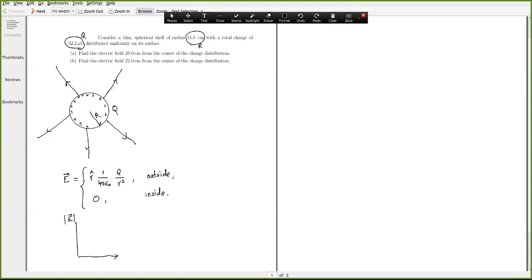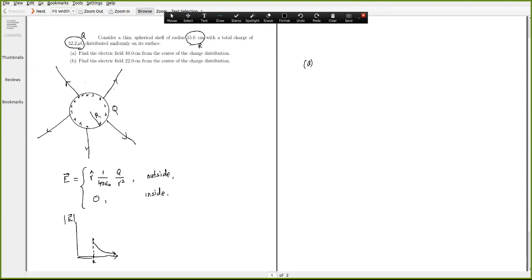It is 0 everywhere inside until radius R, and from that point on it dies down as 1 over r squared. So 10 centimeters is inside and 22 centimeters is outside. So let's answer part A of the problem.